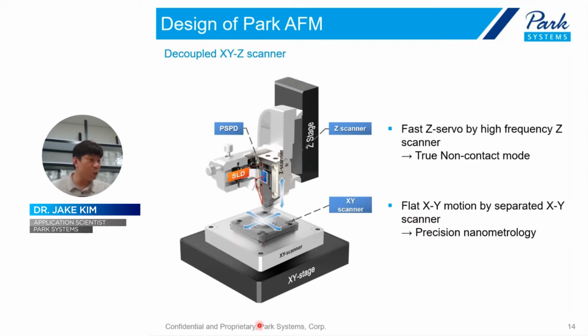It means the XY and Z scanner move independently. It's quite a simple way, but a quite powerful solution. This XY scanner can make a flat XY motion, and this Z scanner can demonstrate a fast Z servo response. And it implies we can operate true non-contact AFM.